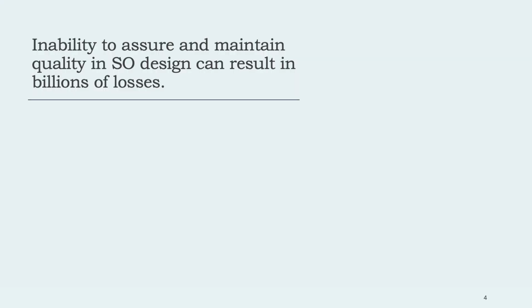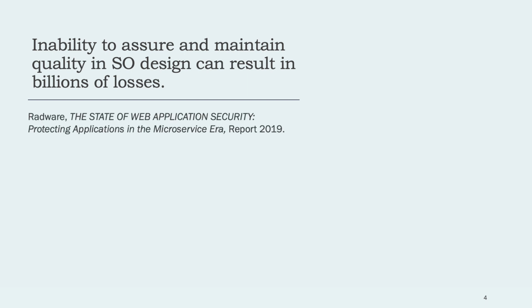So inability to assure and maintain quality in a service-oriented design, or any software for that matter, can result in billions of losses. A prominent example is a loss of security. In their most recent report, Redware surveyed just under 300 executives and senior IT professionals at companies worldwide to document the state of web application security in the era of microservice app development.